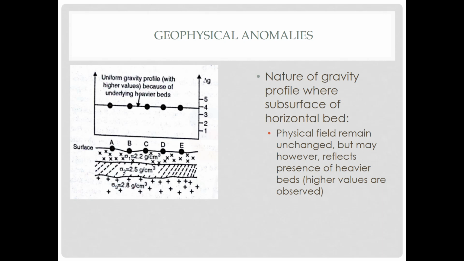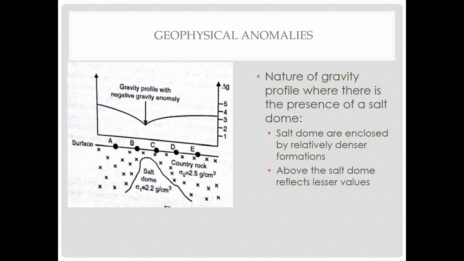Of course, on each layer there will be homogeneity. So when there is no homogeneity, there could be a presence of a salt dome. So there will be a sudden decrease of the gravimeter reading.